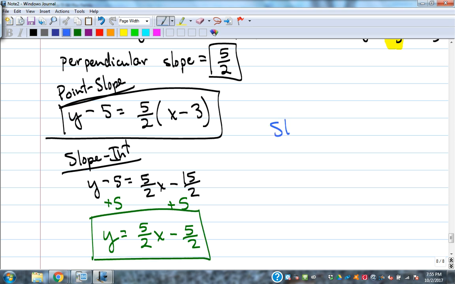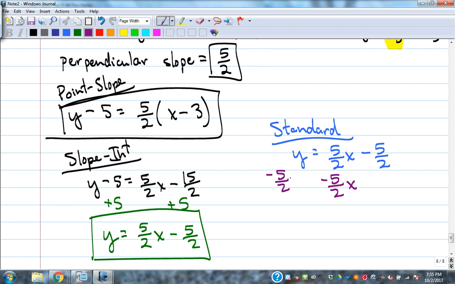And then take that and go to standard. I would subtract 5 over 2 x. And how do I get rid of the fractions?